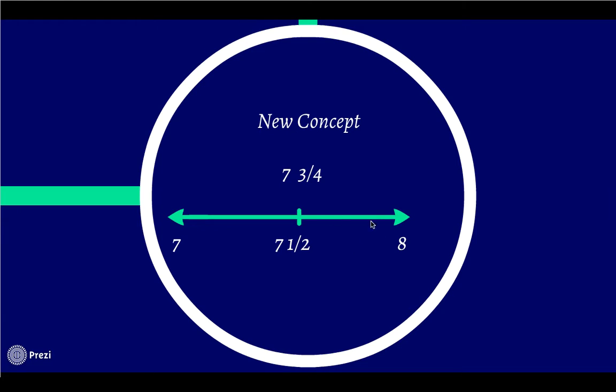So 7 3/4 is somewhere on this side. So 7 3/4 can be rounded closer to 8 because it is larger than 1/2. Anything in the middle and larger goes to the larger number.